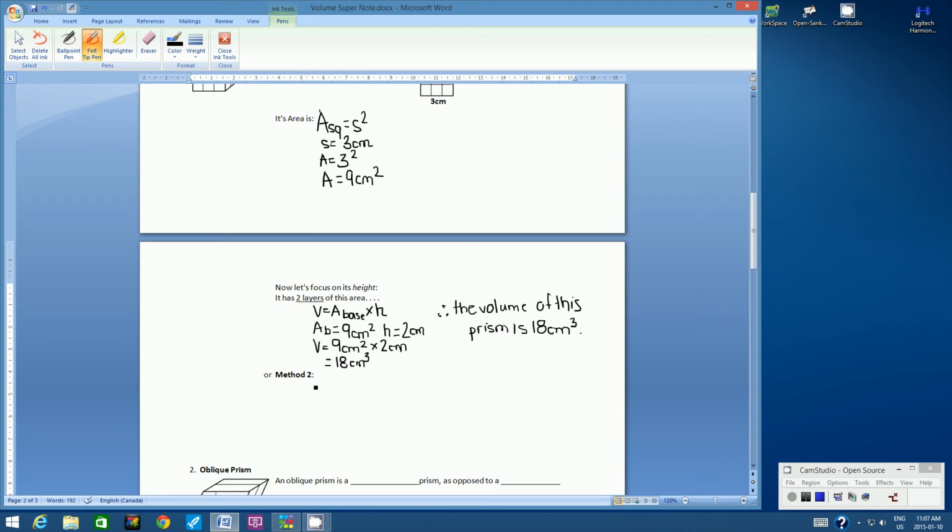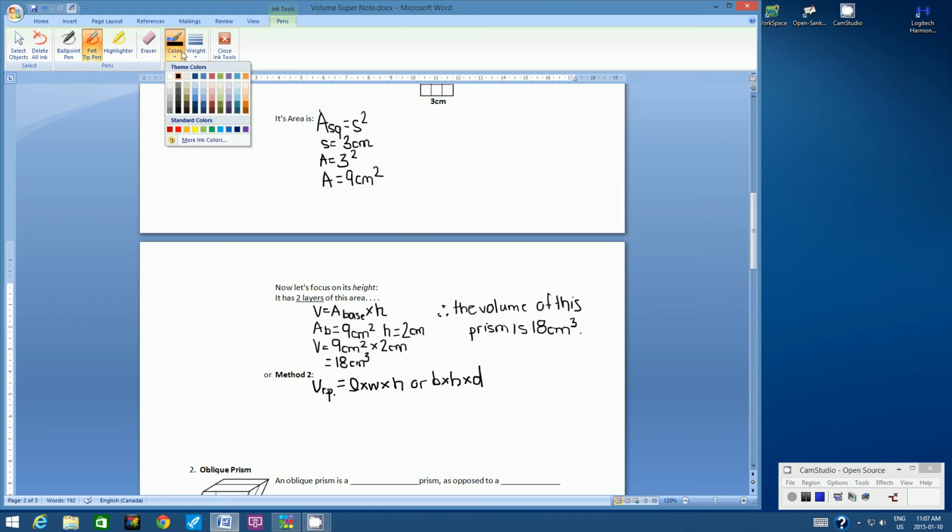There is a formula for volume of a rectangular prism: V_RP equals length times width times height, or base times height times depth. These letters don't really matter as long as you understand what each dimension means.